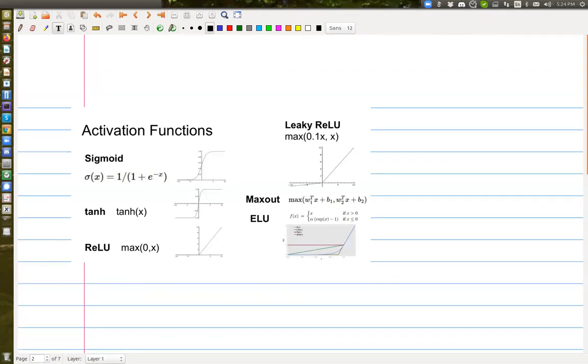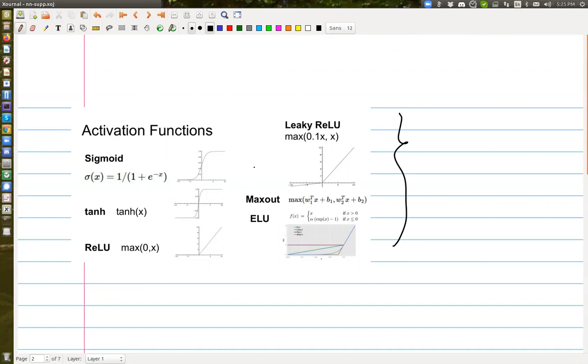Here is just a quick summary, one picture to summarize some of these activation functions.